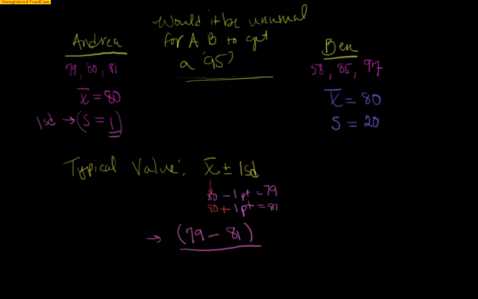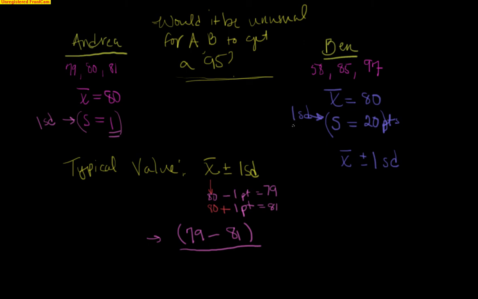All right. How does that differ for Ben? Well, let's take a look here. Ben's typical value is again the mean plus or minus 1 standard deviation. But now for Ben, 1 standard deviation is 20 points. Okay, so it can be a little bit confusing, but yes, 1 standard deviation is 20.